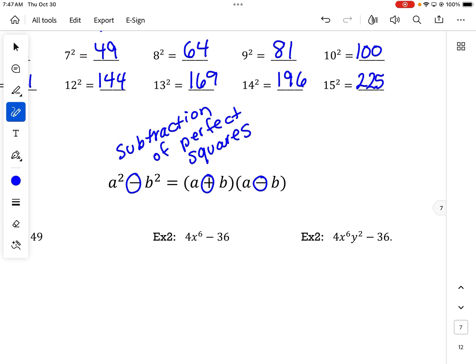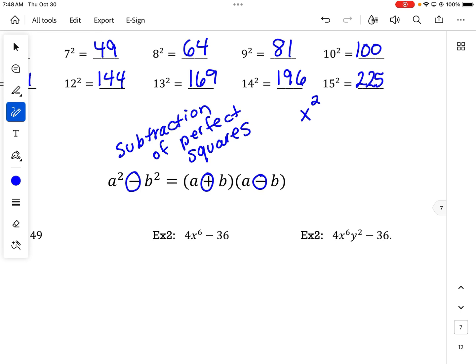So if I have x squared, and that's my a squared, then if I take the square root of it, squared and square roots cancel each other. So that just equals x.